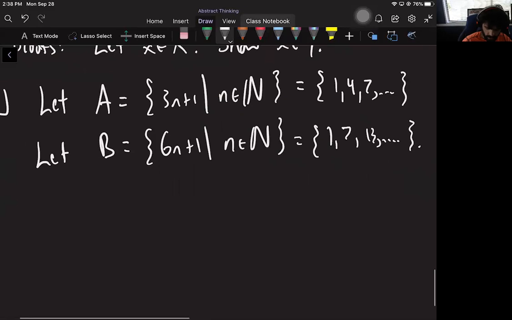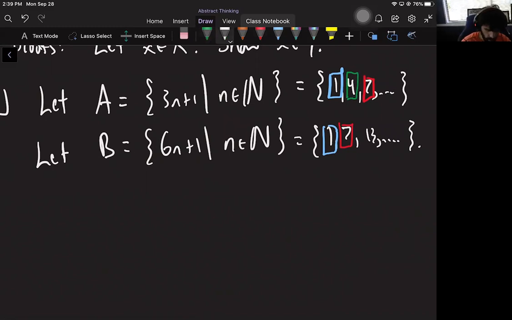So if I have these two sets, maybe you can already tell that one of them is inside of the other because they have lots of the same things. So B is going to be inside of A because everything in B you can find in A. But they're not equal because, for example, 4 is in A, but it's not in B.